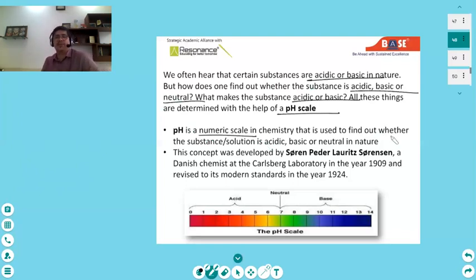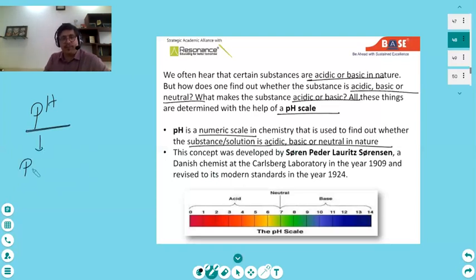In chemistry it is used to find out whether a substance or a solution is acidic, basic, or neutral in nature. Now pH you have to write like this, okay? Now what is the meaning of pH? pH stands for potential of hydrogen.